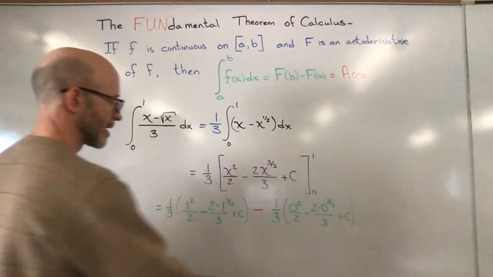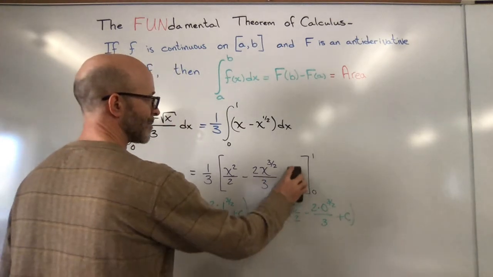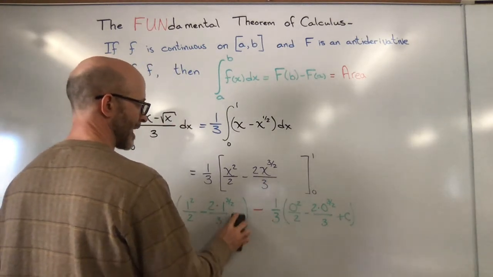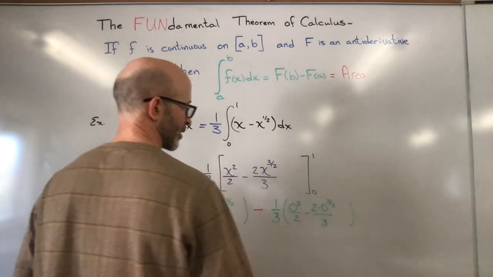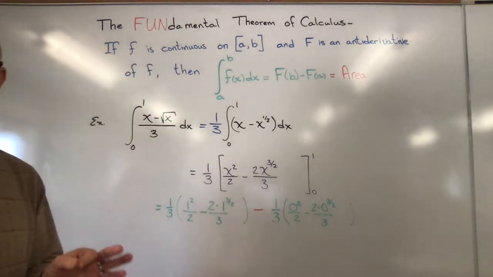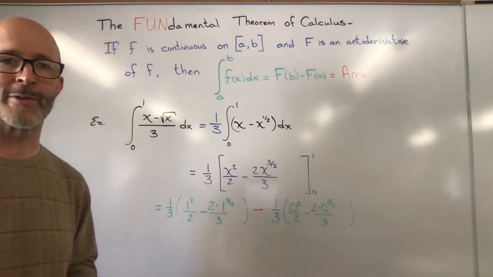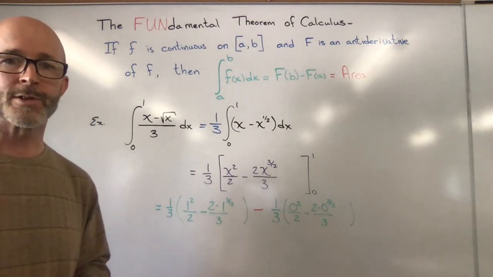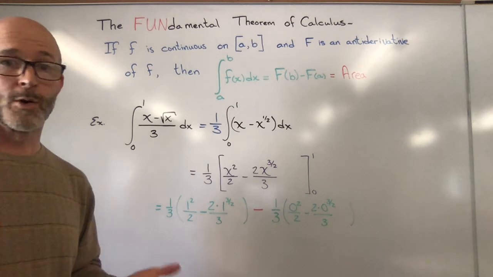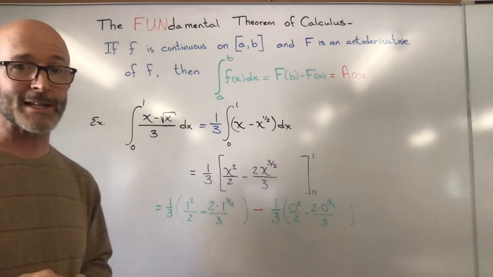In other words, the constant will not matter, and you don't have to add it in a definite integral. In an indefinite integral, you must have that constant. In a definite integral, it subtracts out every time. So skip the plus c, or put it in if you like, but it's going to subtract out every time.